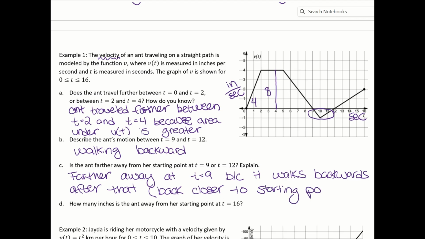How many inches away is the ant from her starting point at t equals 16?